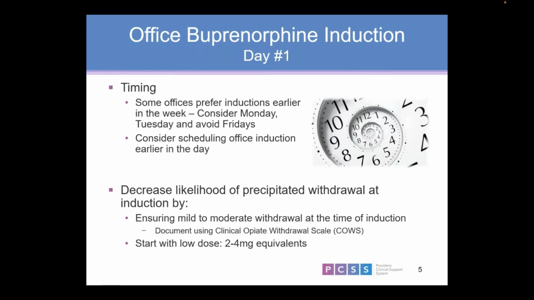If they're a little above that and you give a low enough dose, it's not going to drop them significantly down below that 40%, because there will still be some opioid interaction with the receptor. So again, really important that you establish this mild to moderate state of withdrawal before initiating the medication.